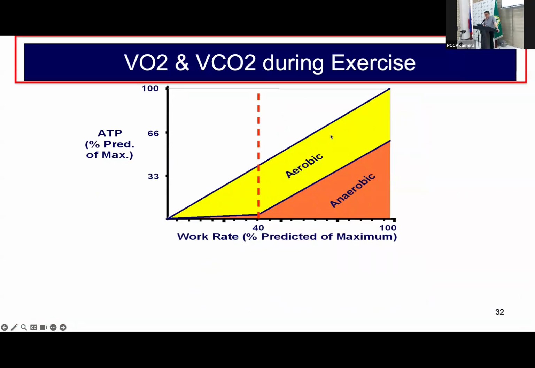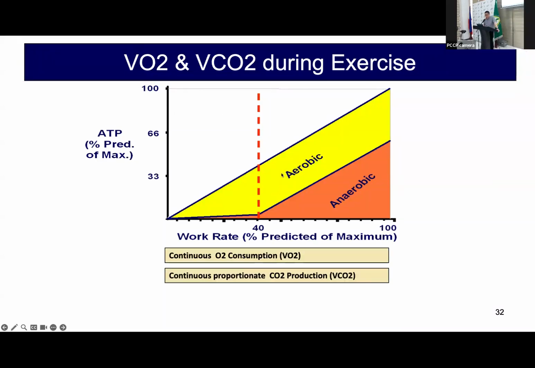That can be determined by your VO2 and VCO2 during exercise. During aerobic metabolism, there's continuous O2 consumption with increasing work rate with a continuous proportionate carbon dioxide production. But once we use the anaerobic metabolism, what do we additionally produce? We additionally produce carbon dioxide and hydrogen lactate.